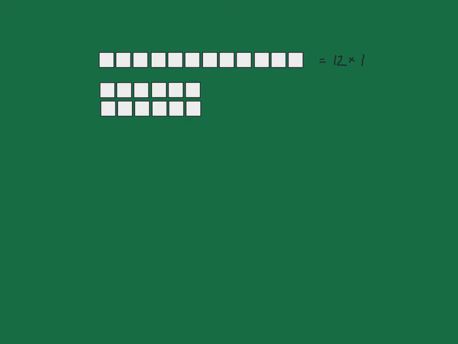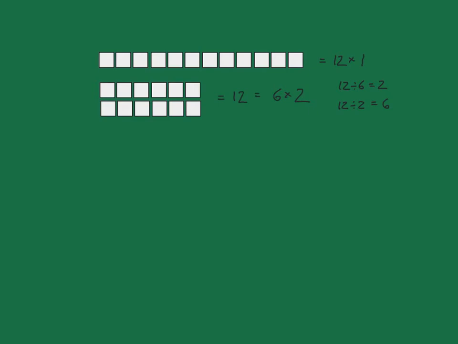So now we've got still 12, but this time it's 6 times 2, which shows that 12 is divisible by 6 and by 2. 12 divided by 6 equals 2, and 12 divided by 2 equals 6.